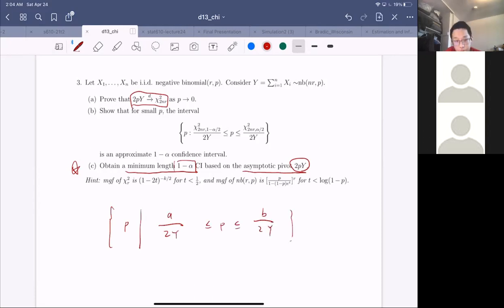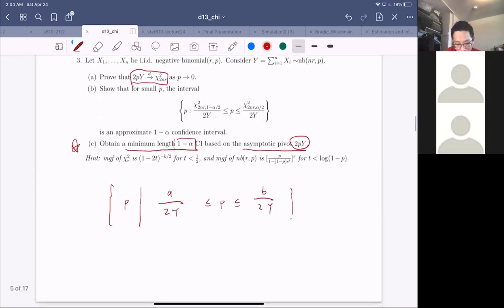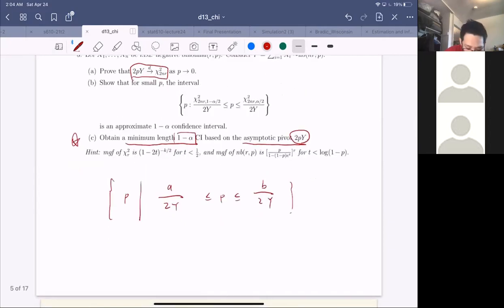And this is the first condition. The second condition is that they have to satisfy the probability is alpha.